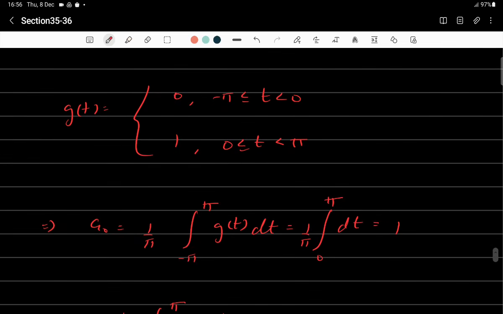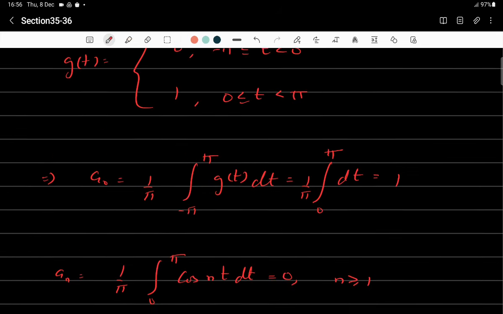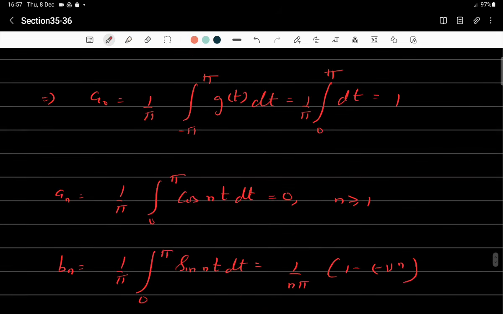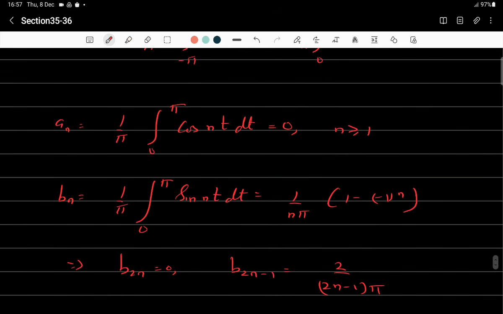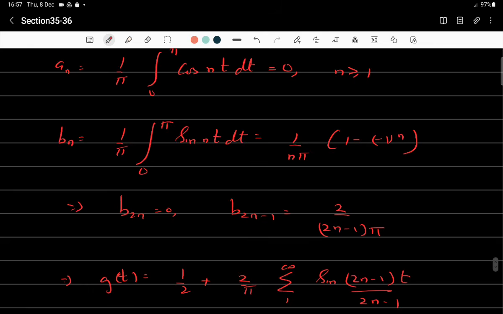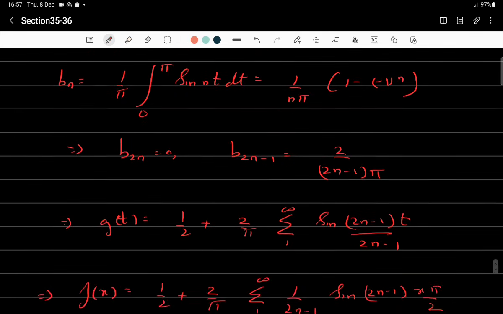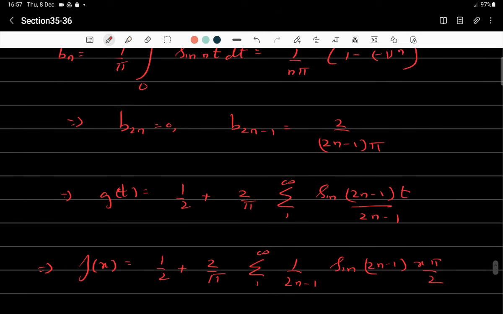So we quickly compute a naught, which comes out to be 1. An is 0, it's a constant function, and bn is 1 by n pi, 1 minus minus 1 raised to the power n, which means b2n is 0 and b2n minus 1 is 2 by 2n minus 1 pi. That gives me the required g of t. Now in g of t, I put back the values in terms of x. That gives me the Fourier series for f of x over the interval minus 2 to 2.